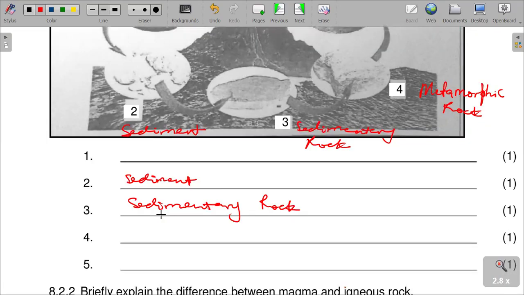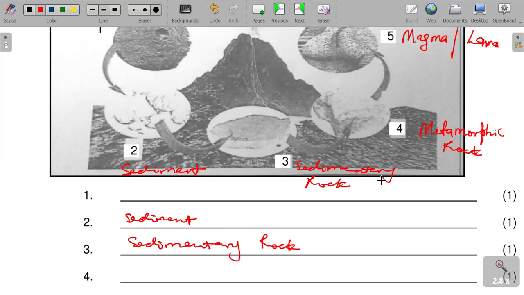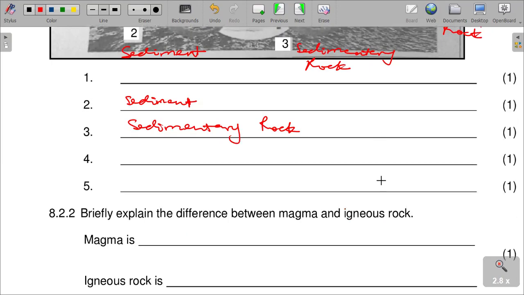We have our rock cycle as shown on this diagram: the igneous rock, and then the sediments that accumulate, which will also be cemented and compressed to form sedimentary rocks. And eventually we can have the metamorphic rock, and then the lava, which is shown there.